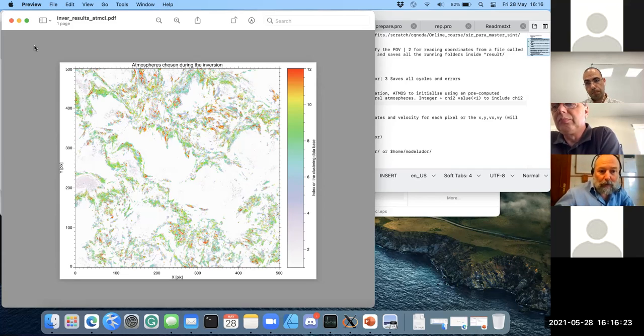These techniques can be very helpful if you want to invert, for instance, a time series of spectra or images, something like that.